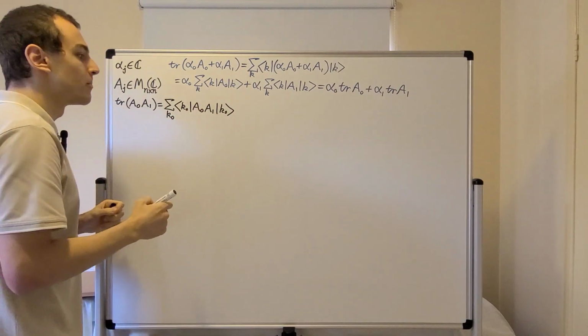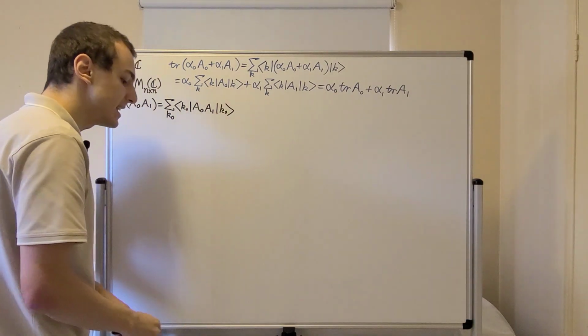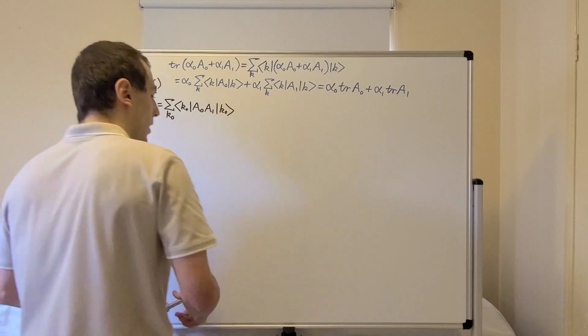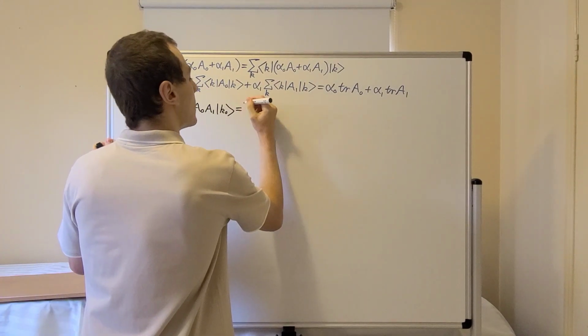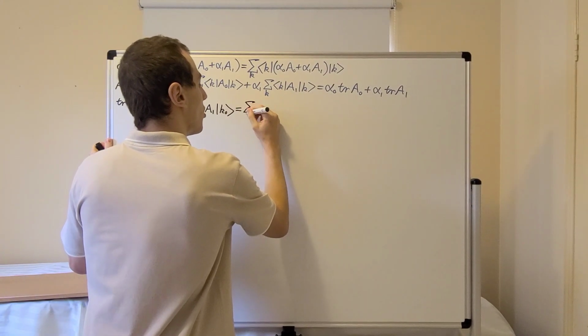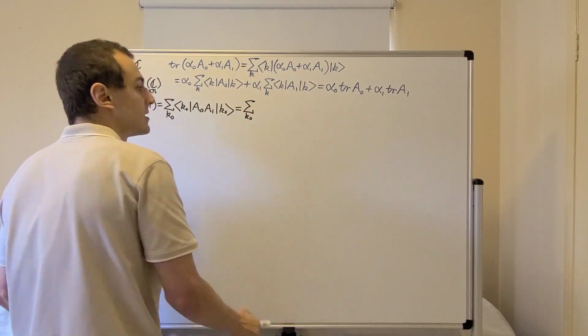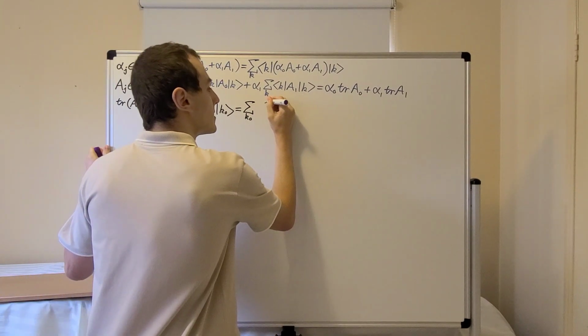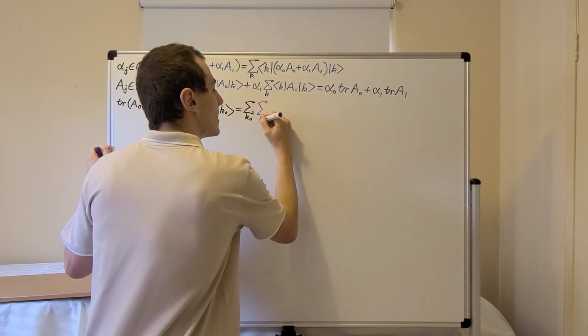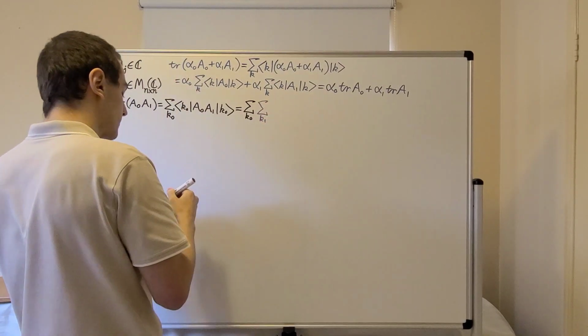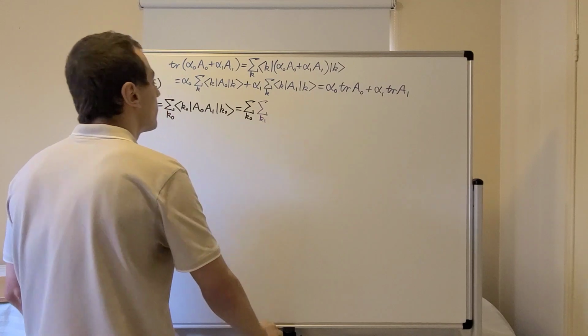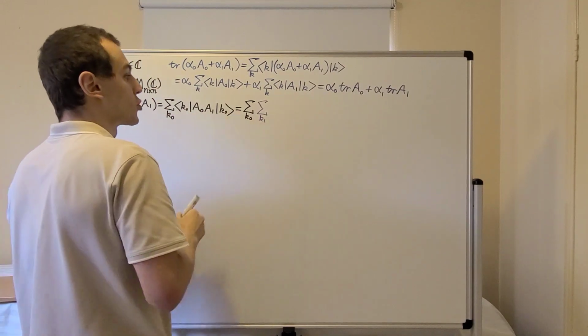And now what I want to do is add the identity operator. So I'll write it like this. We're going to have the sum over k0, and then I'm going to add another sum. And this sum is going to be over another index, and I'll call this index k1. And now I still need to have this sandwich over here, that is the trace.